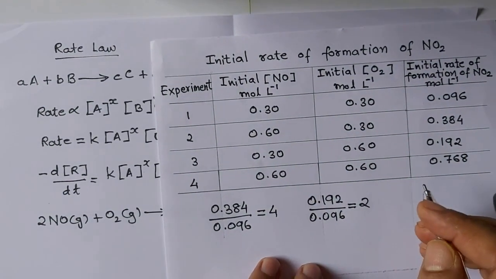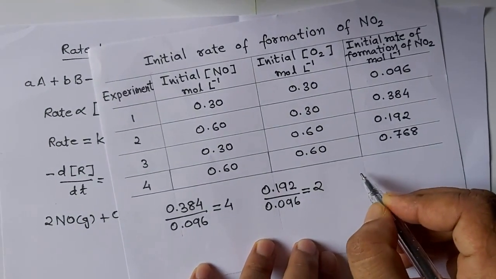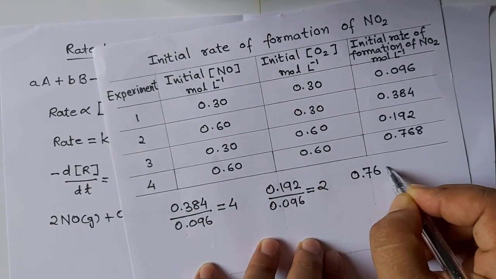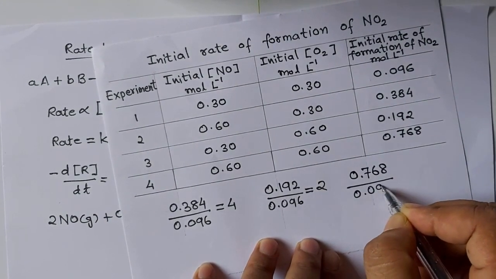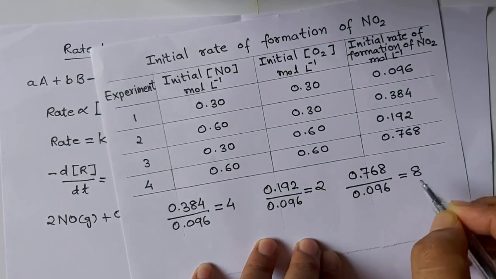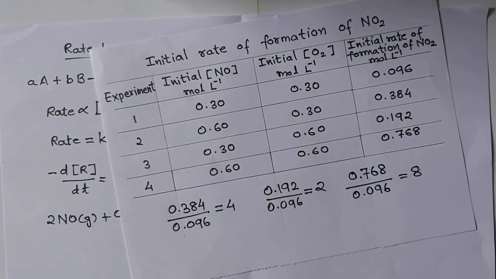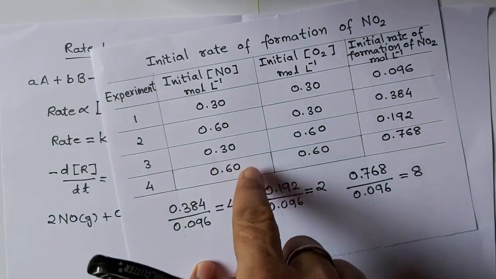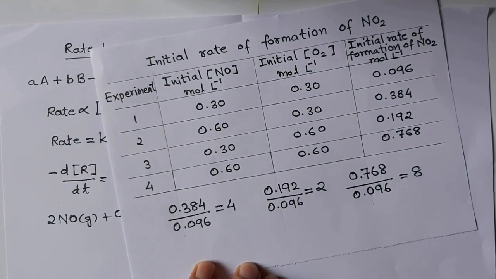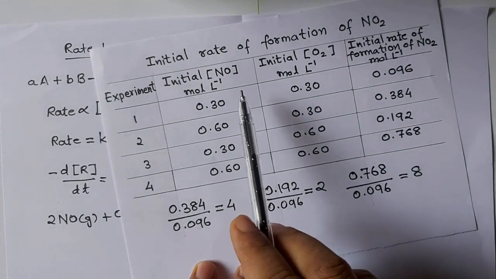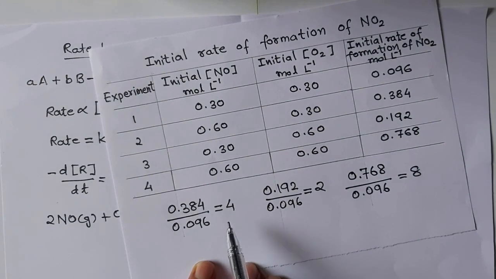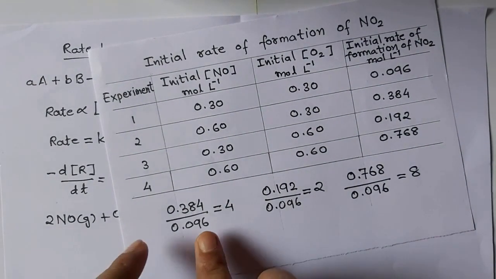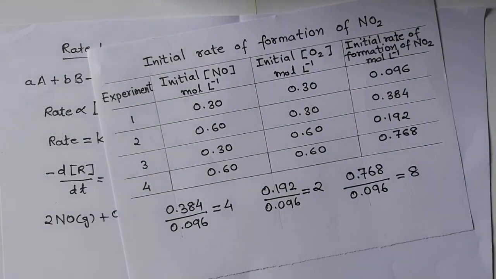It happens that 0.768 divided by 0.096 comes out to 8 times. So this is when both the reactants' concentrations are doubled. If only the concentration of NO is doubled, we have a 4 times increase. So this is going to influence the rate of reaction.